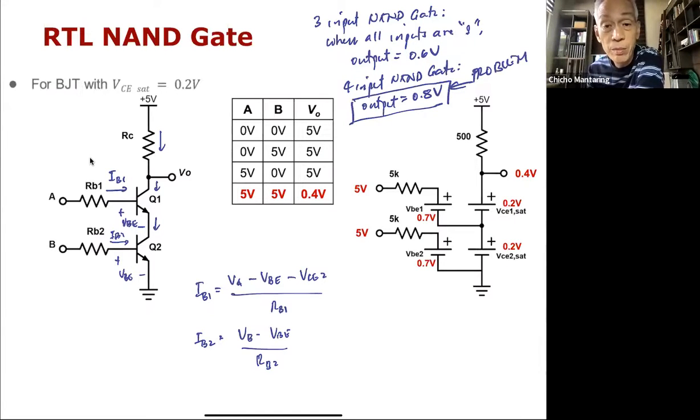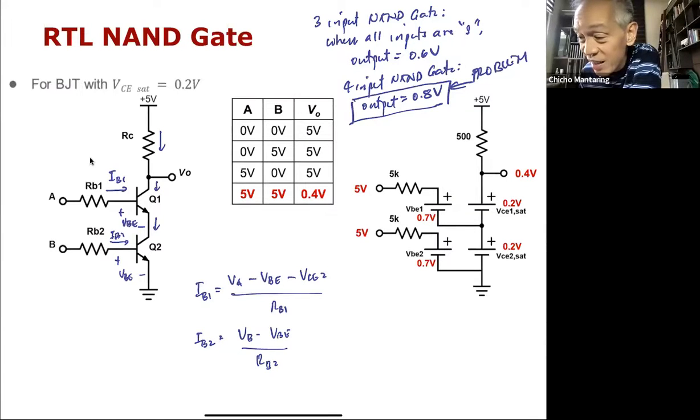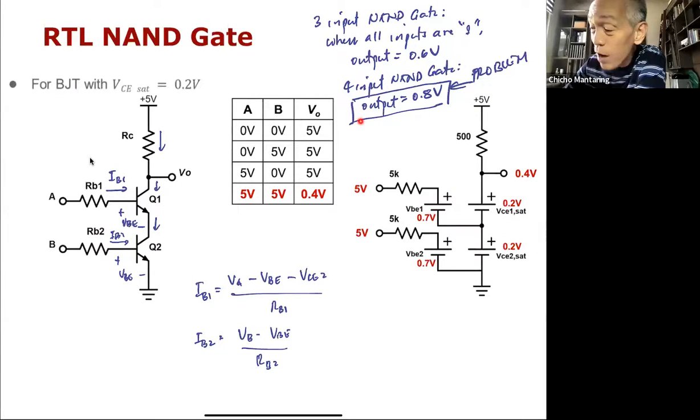Because, sir, it will no longer be in cutoff. That's right, exactly. It goes beyond 0.7. So if you now use this output as an input to a similar gate, let's say we input this output here to B, this transistor will cut in.